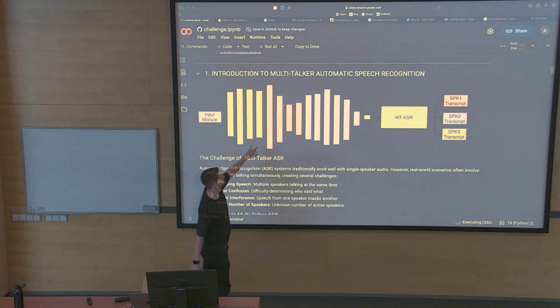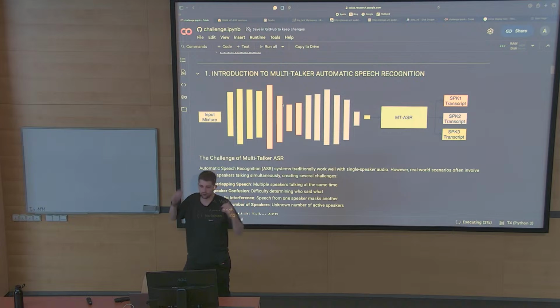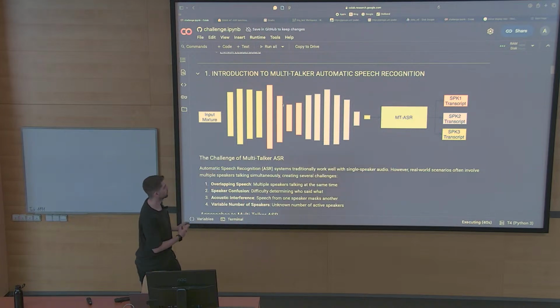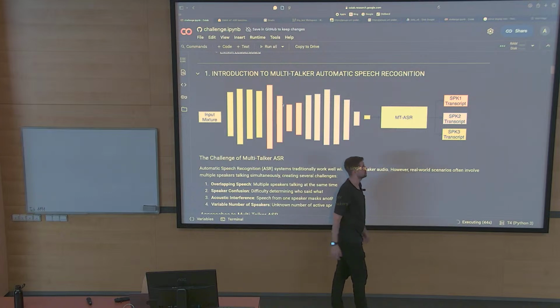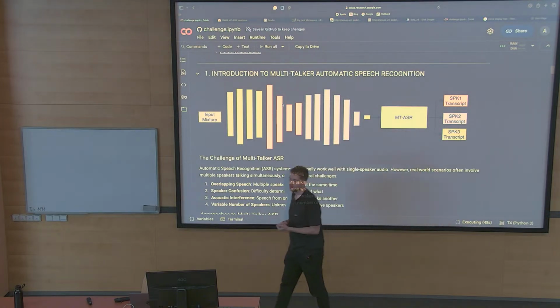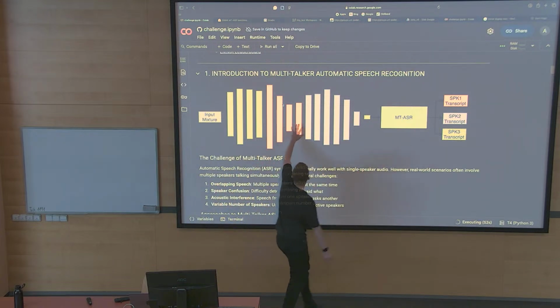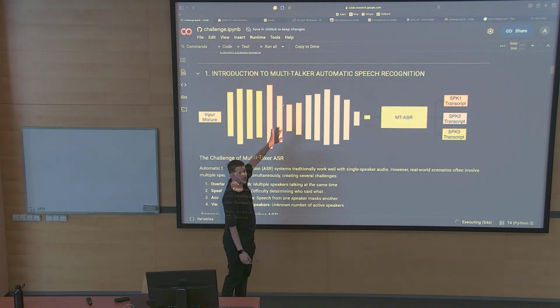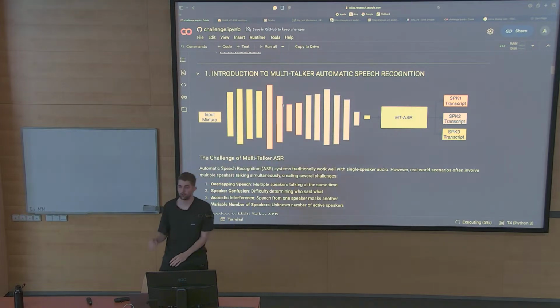There are some overlapping regions and you don't know what they are talking here. But the goal of the system, which is here the multi-talker ASR system, is to produce a transcript for each of them. So for speaker one, you want to transcribe just this part of the input mixture and maybe mask out or ignore the rest.